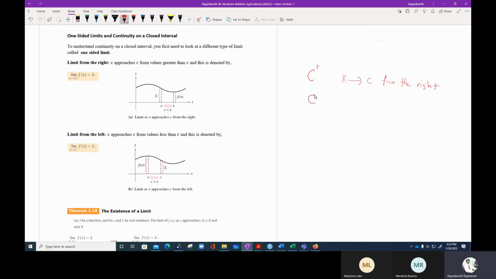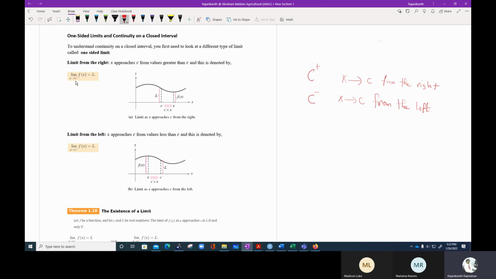If you see a negative sign, then x approaches that value c from the left. Minus is left, plus is right. That is given in the picture.